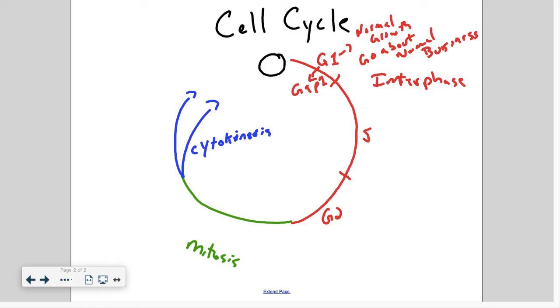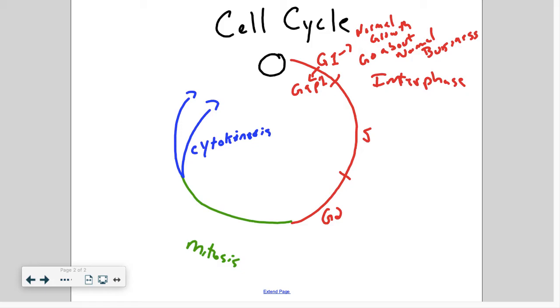If it's a liver cell, it's helping you with the digestive process, helping you get rid of toxins. If it's a muscle cell, it's either helping you move around, or if it's a smooth muscle cell, it's helping things move through your body. Anything that normal cells do, those cells are in G1.